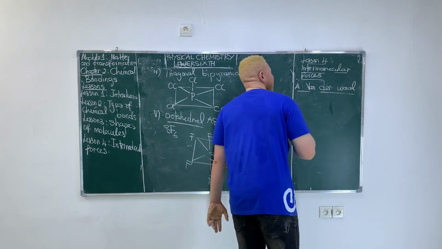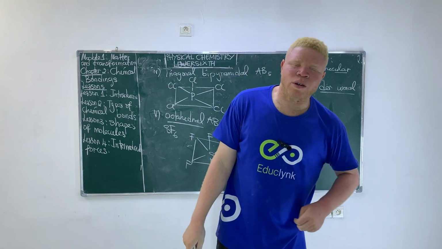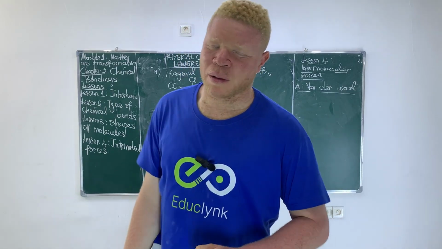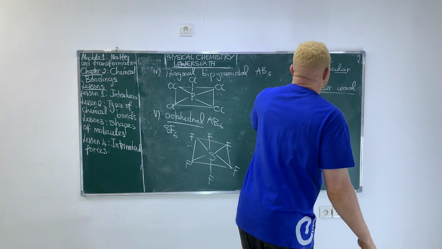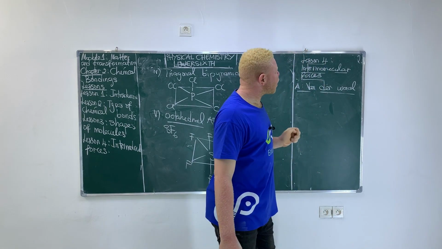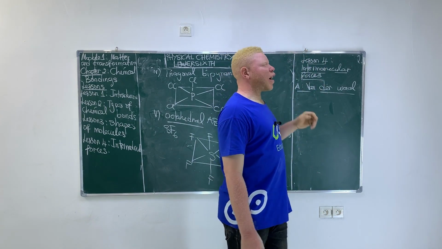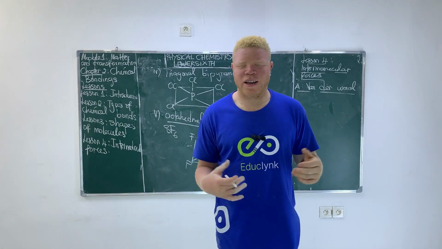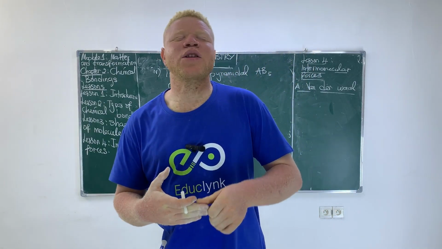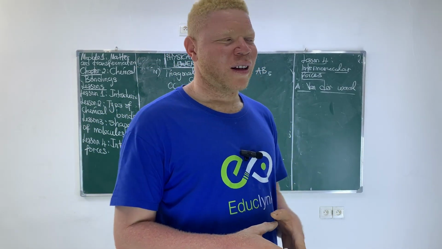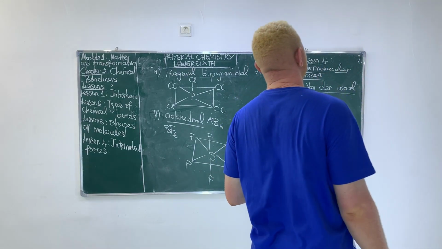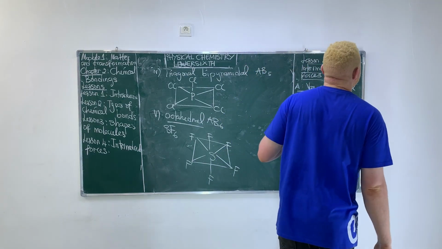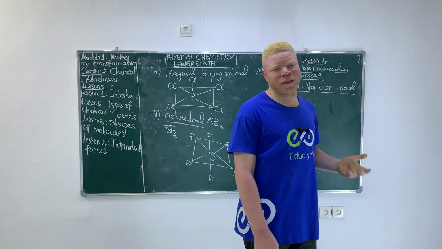A chemical bond, sorry, is stronger than an intermolecular force. The intermolecular forces act between molecules, or the interaction between molecules, and they actually influence the physical property of a compound, like the melting point, the boiling point, the density, the viscosity.